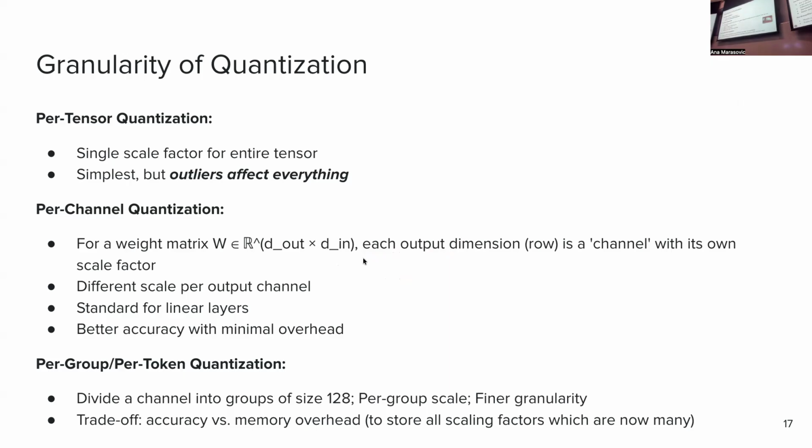Did I say it wrong? Is it the output dimension goes first in nn.Linear? I think, yes. Okay. If I remember correctly. Okay, yeah. So channel will be each row in our typical weight matrix that we produce.